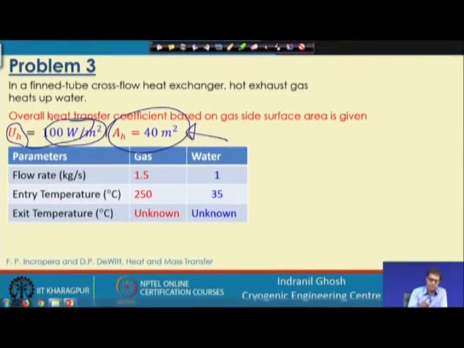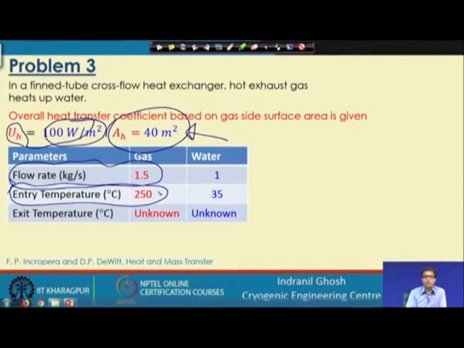Now we have changed the hot fluid, the gas flow rate, to 1.5 kg per second, and the entry temperature has changed from 300 to 250 degree centigrade.